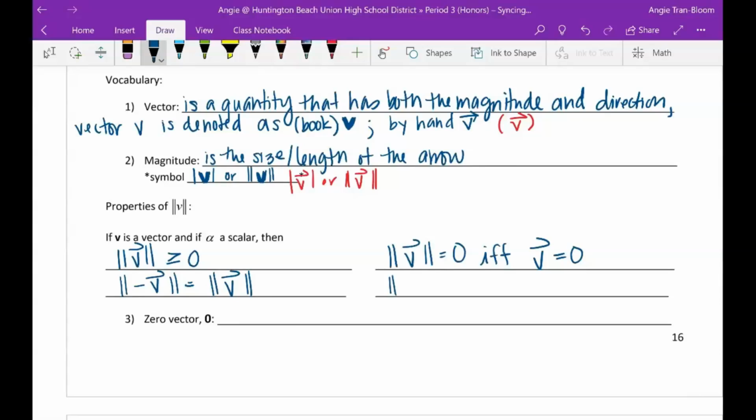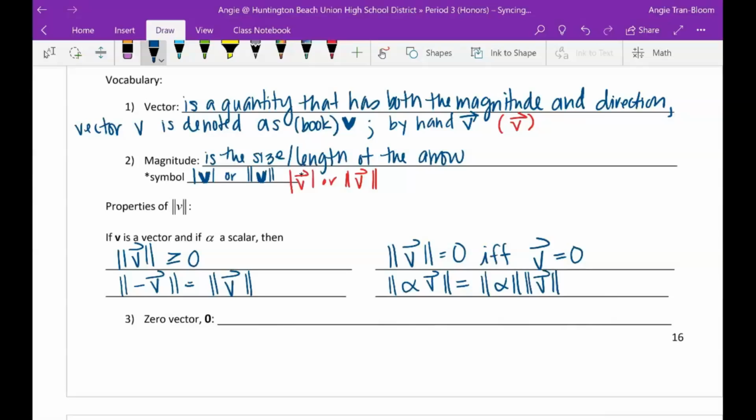The absolute value of a scalar times the magnitude of vector V is the same as the absolute value of the scalar times the magnitude of V.